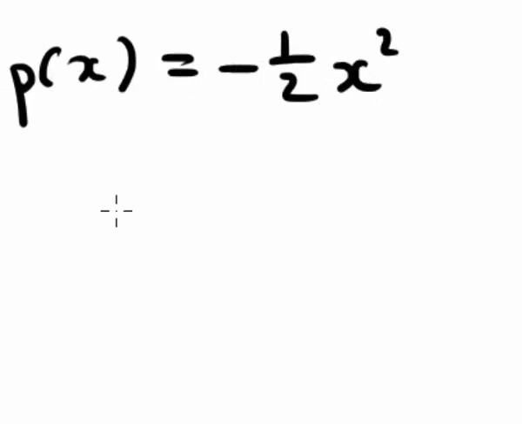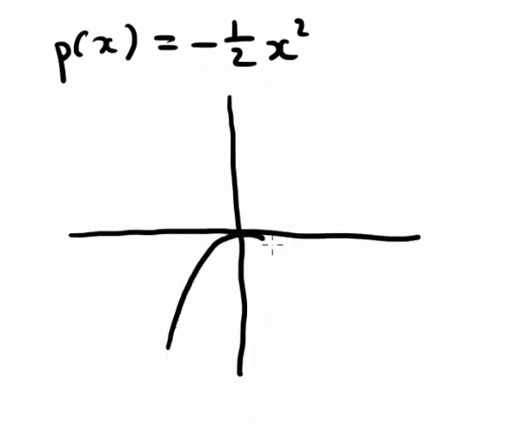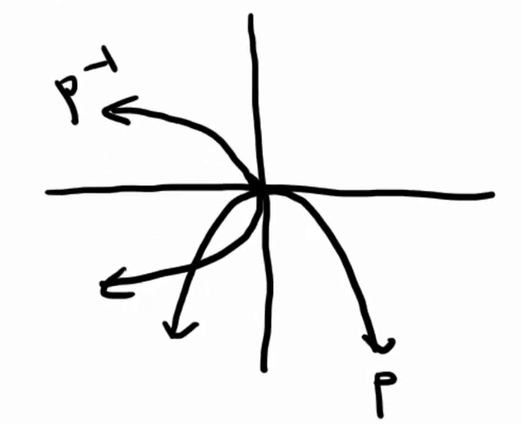So if you look at p(x) is equal to -1/2 x squared, I'm not going to be too technical about this. I'm not going to put exact points. The rough picture here would be, this graph would be something like this. A sad parabola, and that's the graph of p. But if you invert it, have a look at this. The inverse would be a problem, because that would not be a function. So how do we restrict it?